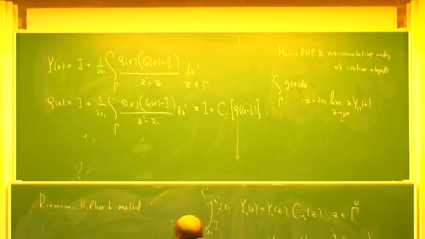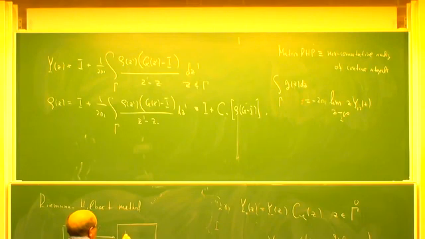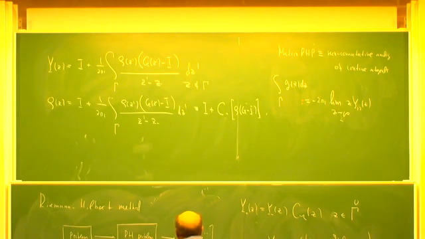So the idea is that having a problem, we try to reduce it to a particular Riemann-Hilbert problem, and then solve it. So this is the method. This is a scheme.